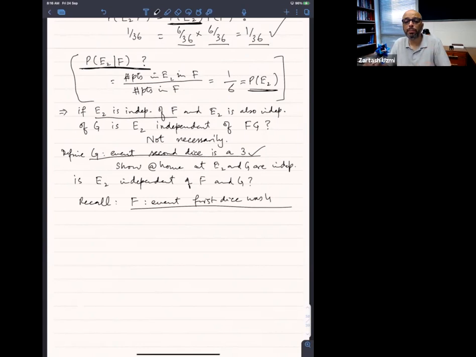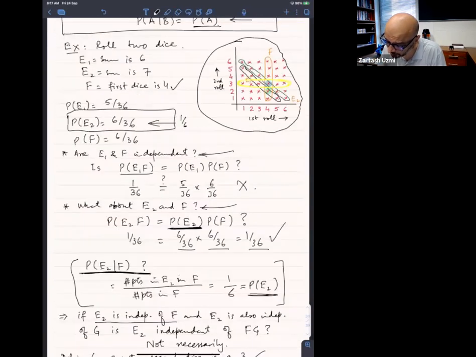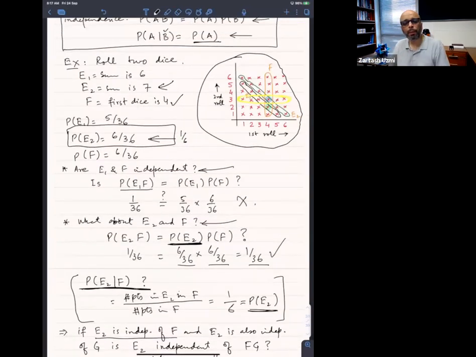If F and G both are given, then we have already given you the sum. We have already told you that the sum of both the dice is 7, which means that E2, the event that sum is 7, उसकी probability जो है वो conditional on F and G, वो तो 1 हो जाएगी. Conditional on F and G would be 1.